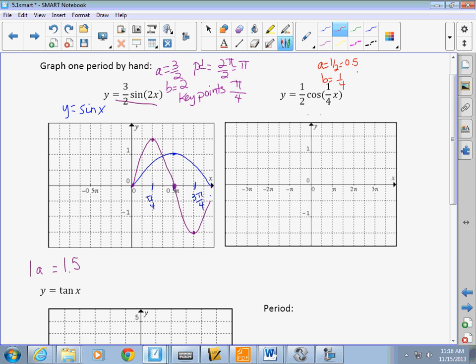So then that means my period is equal to 2 pi divided by 1/4, which is just 2 pi times 4. So then that means my key points are at 8 pi divided by 4, 2 pi. So every 2 pi is where I'm going to do my zeros or my up value or down value.